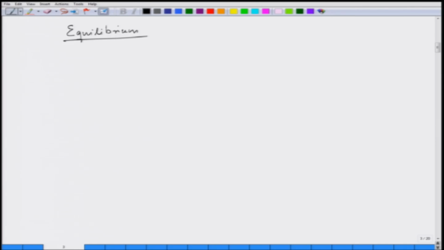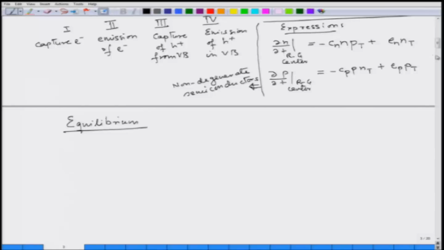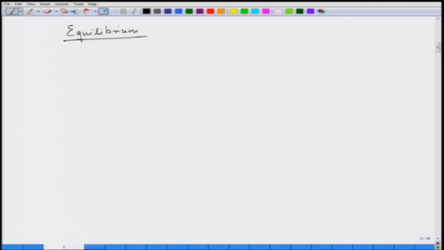In equilibrium, the number of electrons being captured is exactly balanced by the number of electrons being emitted. Similarly, for the valence band, the number of holes being captured is balanced by the number of holes being emitted to the valence band.